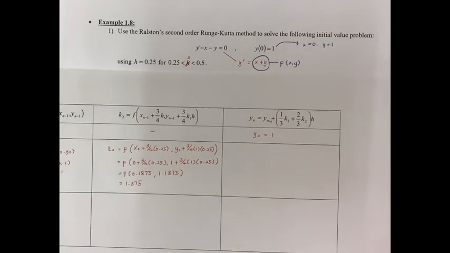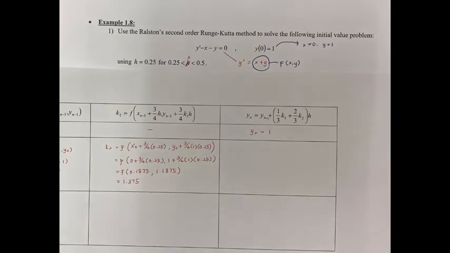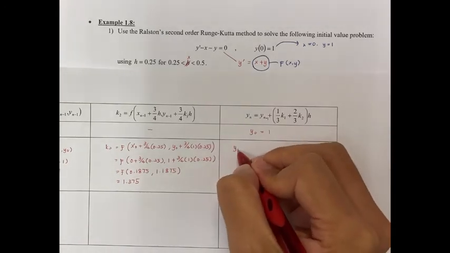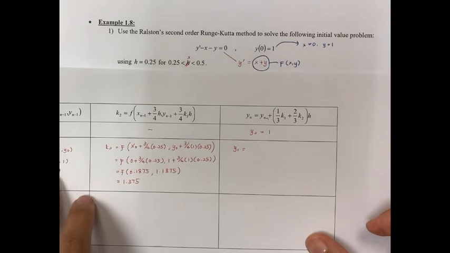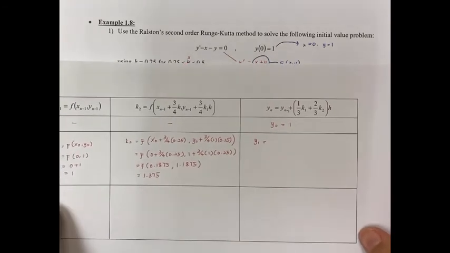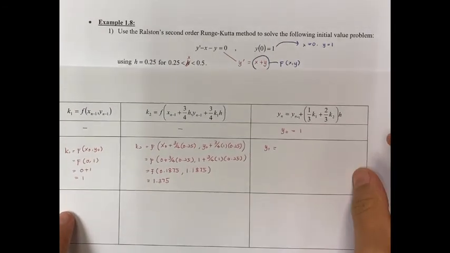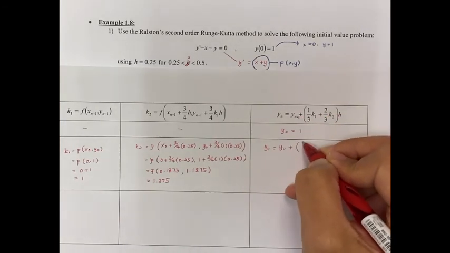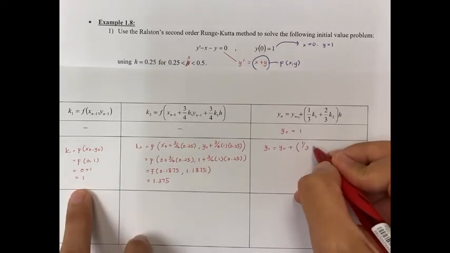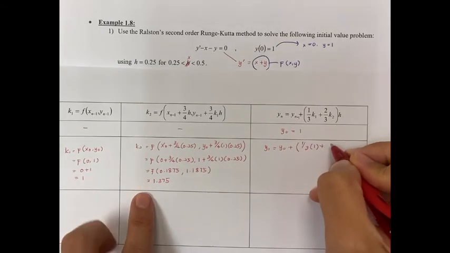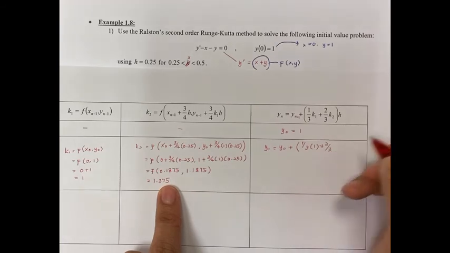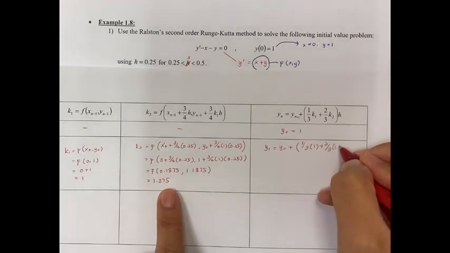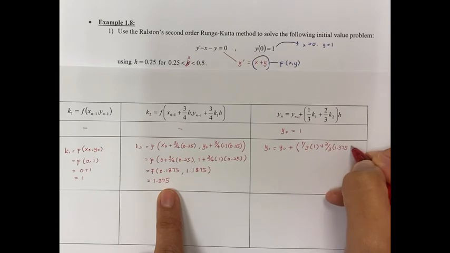Last, you need to find your yn, y1, using k1 and k2. We have y1 equal to the previous y, which is y0, plus 1 over 3 k1, k1 is 1, plus 2 over 3 k2, k2 is 1.375, multiplied by 0.25.